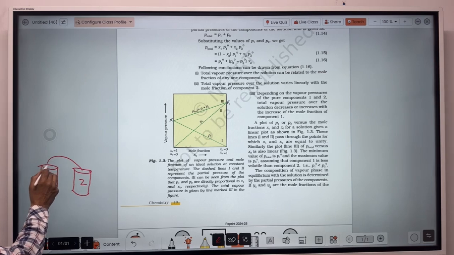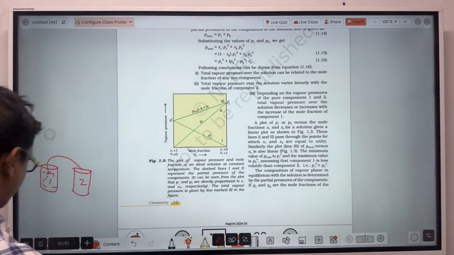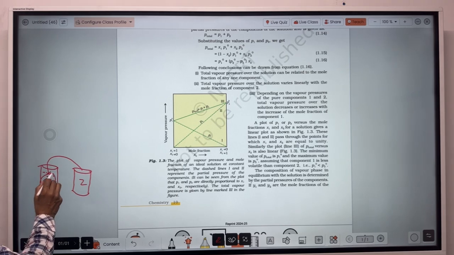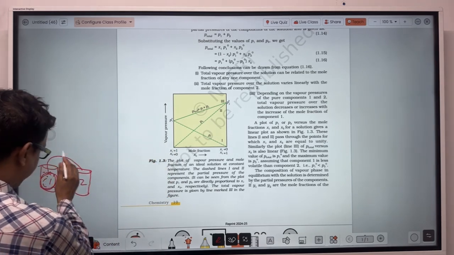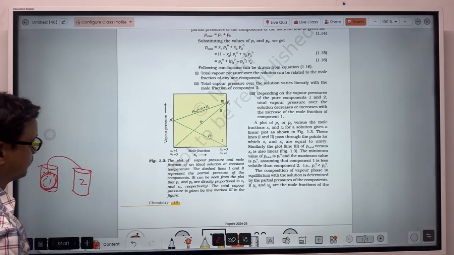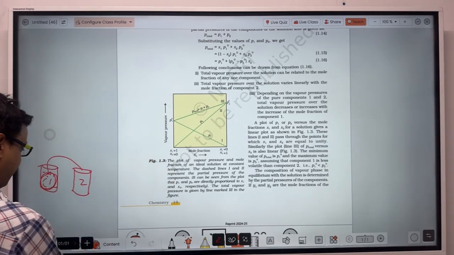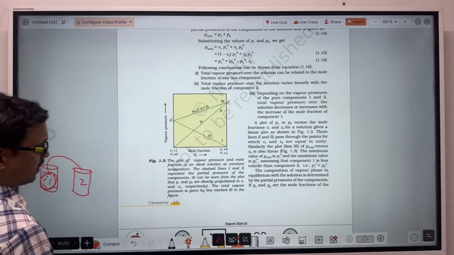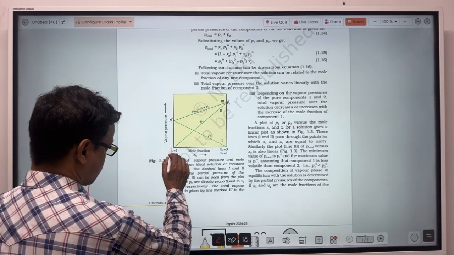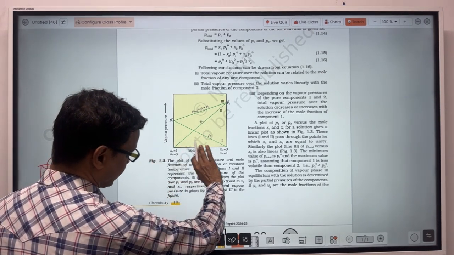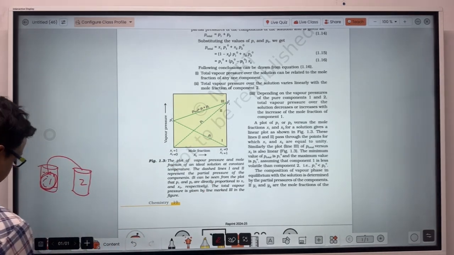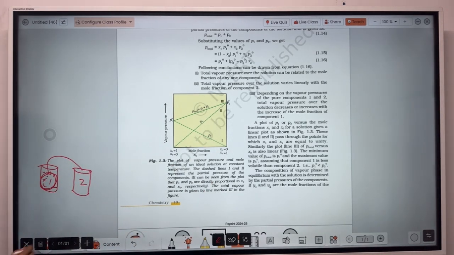Now when you add liquid 2 in liquid 1, what happened? The mole fraction of liquid 1 will decrease. So chi 1 here is 1. When you have added liquid 2 in liquid 1, the mole fraction of liquid 1 has decreased. Initially the mole fraction of liquid 2 is 0.